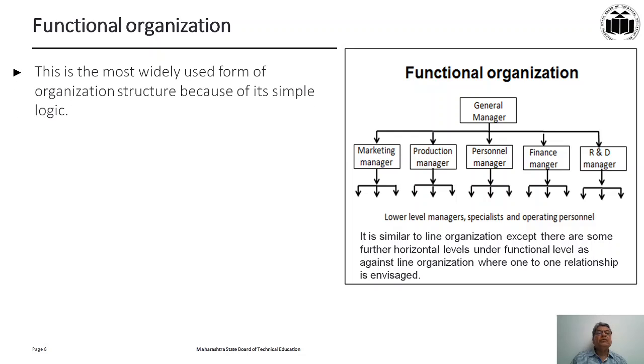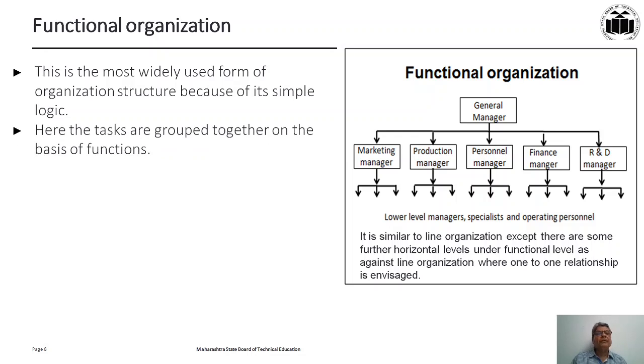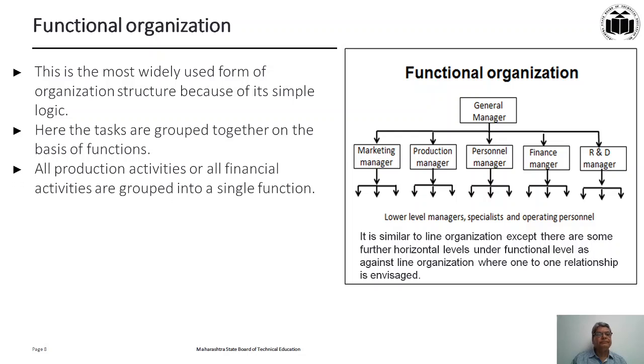This is the most widely used form of organization structure because of its simple logic. Here the tasks are grouped together on the basis of functions. All production activities or all financial activities are grouped into a single function.